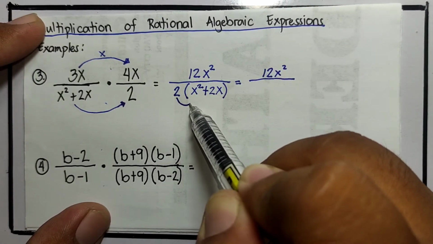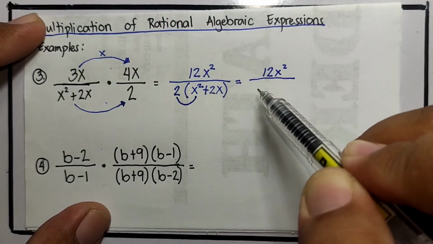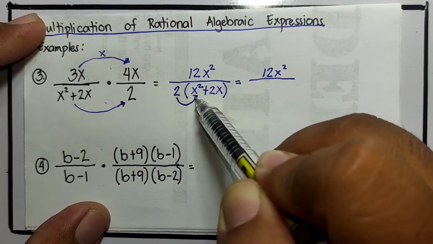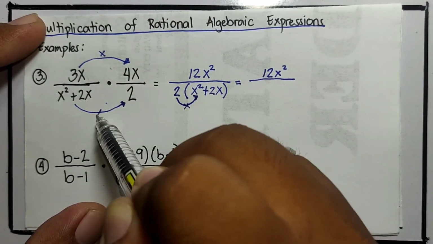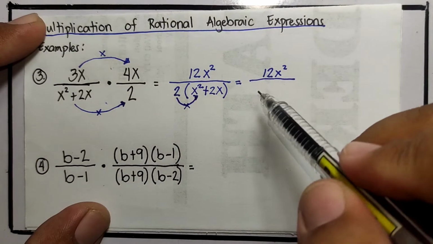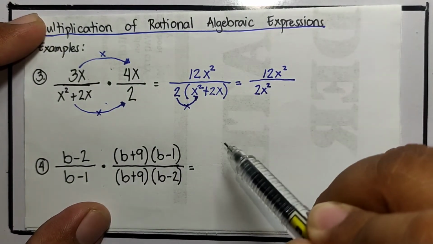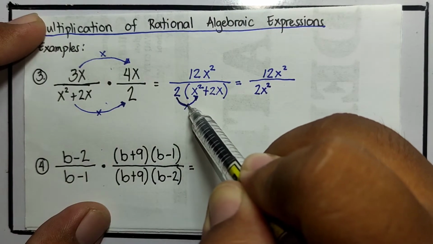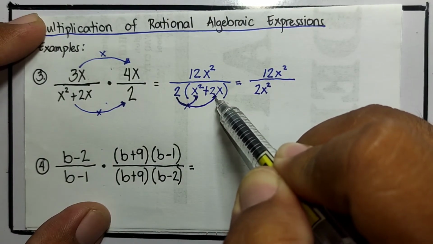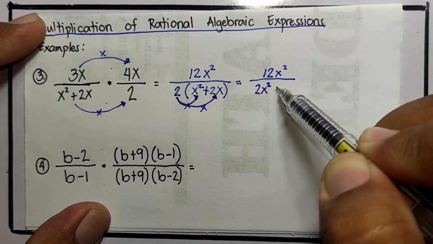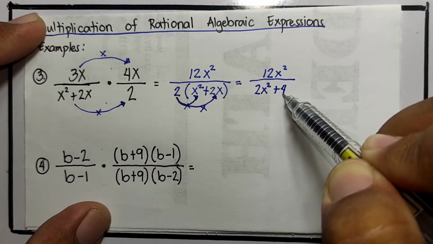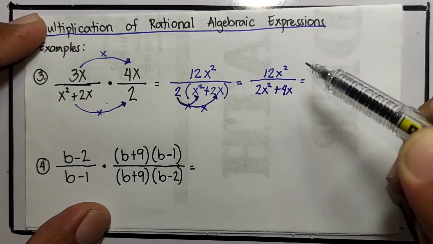Multiply by distributive property. 2 times x squared, we have here 2x squared. Next, by distributive property, 2 times 2x, you have 4x.